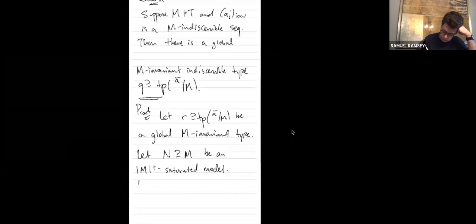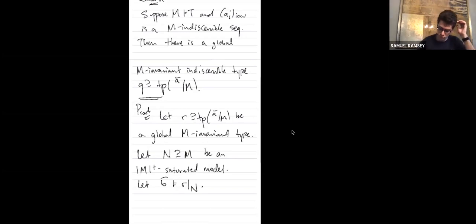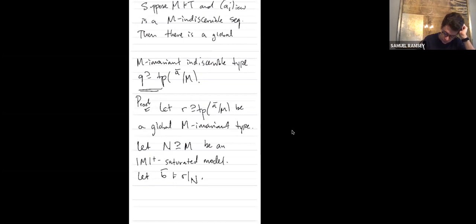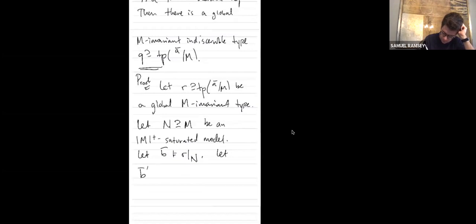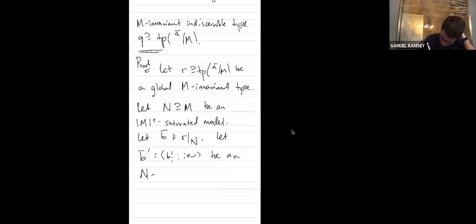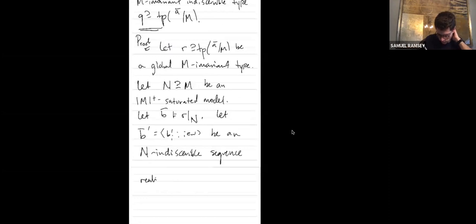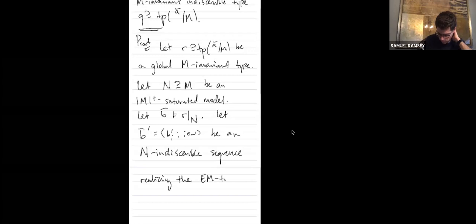And then we will take a realization of R over N. Okay, so now what we'll do is we will let B bar prime, which I'll list as the elements B prime i, i less than omega, be an indiscernible sequence realizing the EM type of B bar over N. So this is the very first theorem we proved in this class. So we have some sequence. We extract an indiscernible sequence from it.